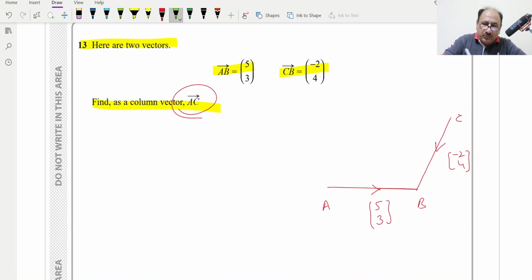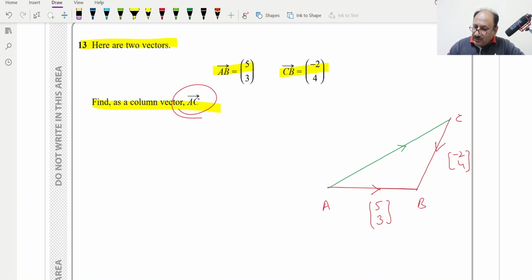So what we will do, we will go for AC, and the AC direction will be this one. AC will be what? We will take this route AB and minus BC, this side. This side will be minus CB.